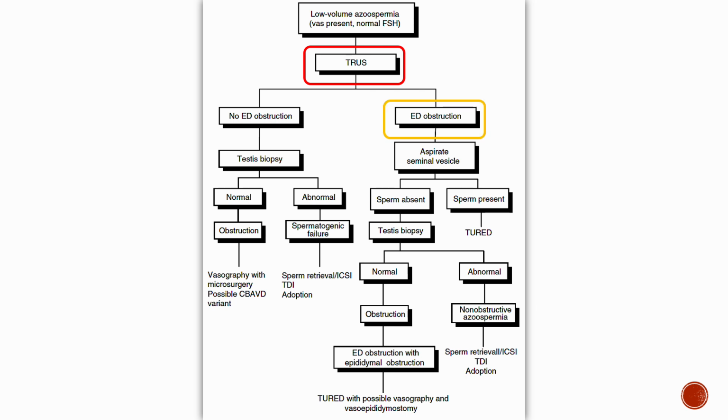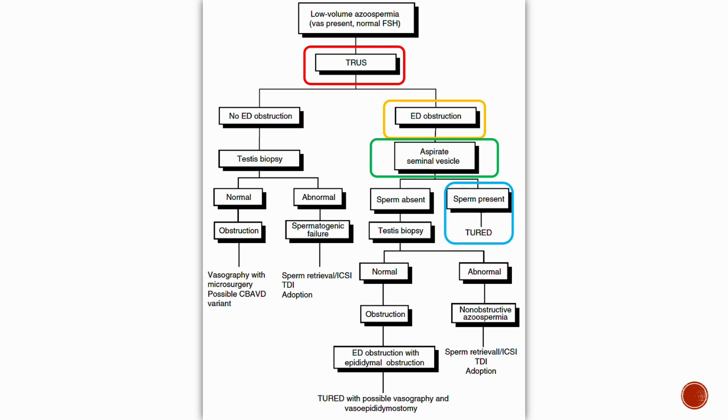In case ejaculatory duct obstruction is present, and we see any ejaculatory duct cyst or swelling, then we will work up further on those lines. We will aspirate the seminal vesicle and check for sperms.